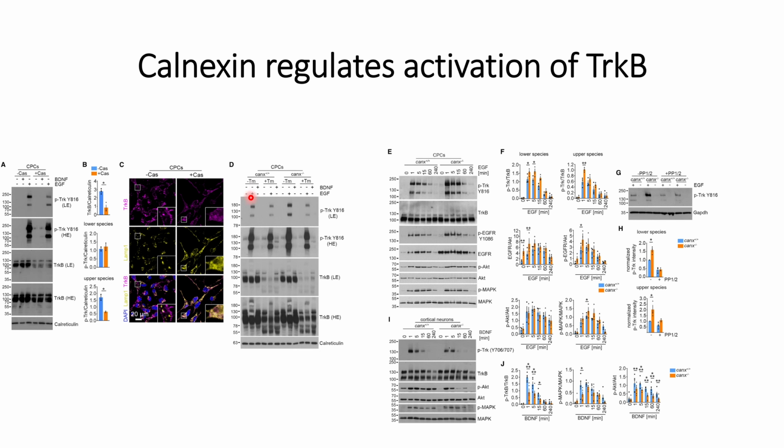So when cells are not treated with tunicamycin and have Calnexin, they can see phosphorylated Trk formations in the presence of EGF. However, there is not much effect with BDNF. However, when they introduce the reagent, they can see a reduction in these phosphorylations compared to the control case.